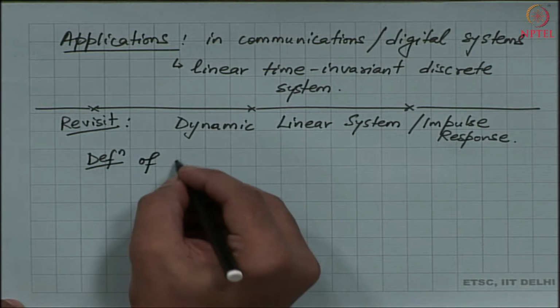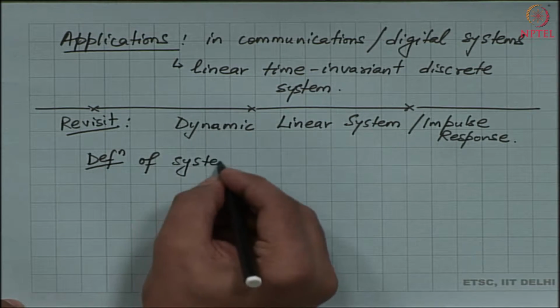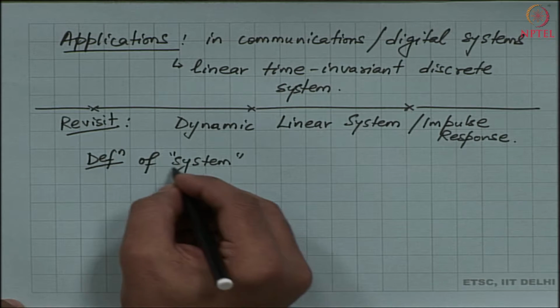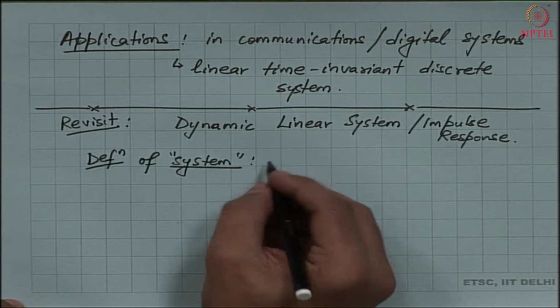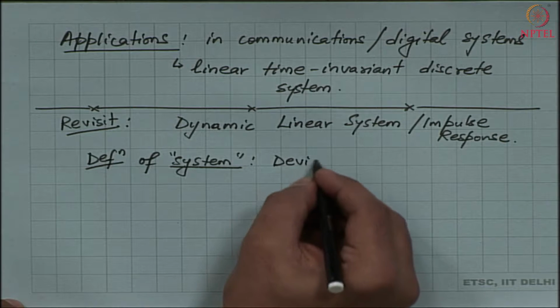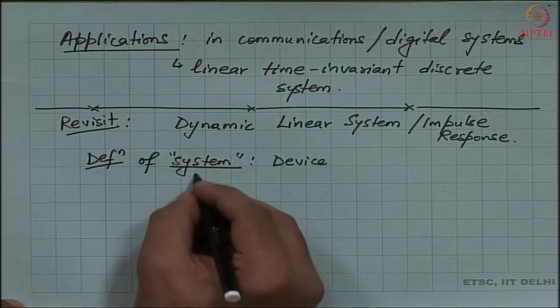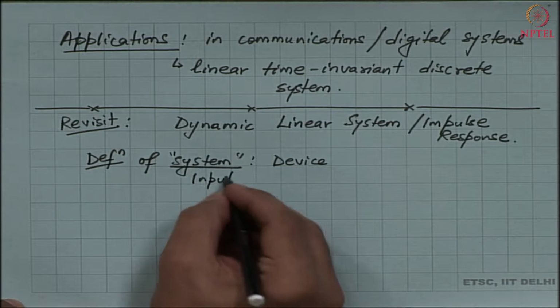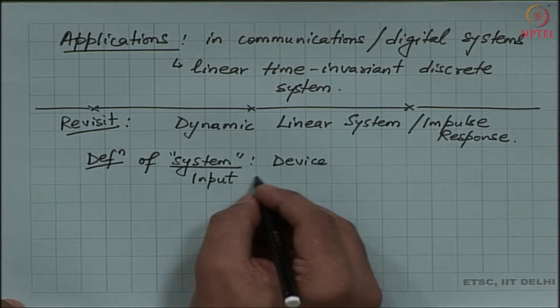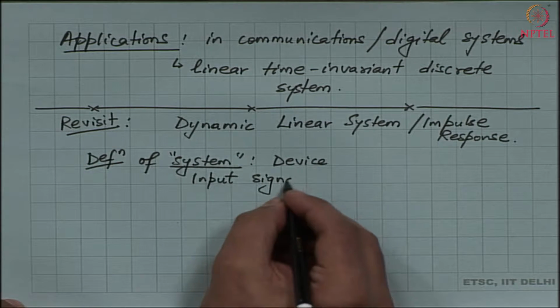So, when I talk about a system, I am starting with the most basic definition. I say the system is like a black box. It is like a device where we feed in an input, and let us say the input is in the form of a signal.